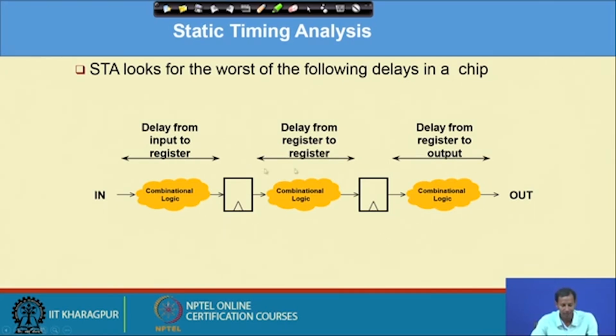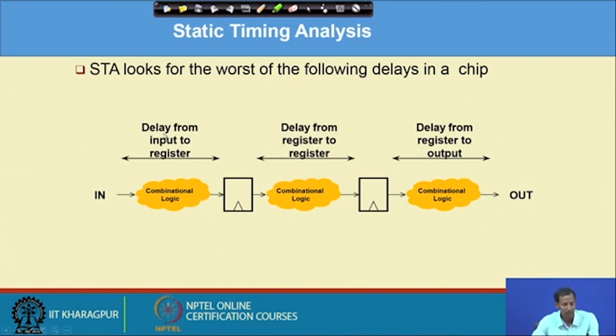one particular system design. Inside this system, there are two registers or sequential elements, connected between combinational logic blocks, three combinational logic blocks: this is C1, this is C2, this is C3. This is the application of input.